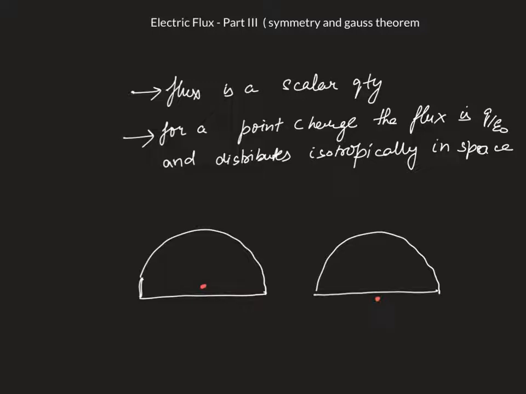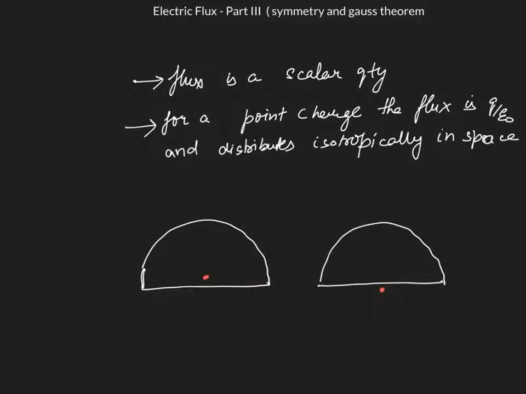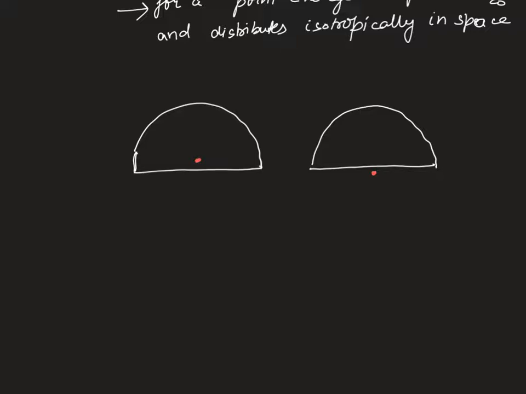What will be the flux through the hemisphere then? And what if I take a third hemisphere and put a charge exactly at the boundary of the circular surface of the hemisphere? What is the flux going to be in all these cases?